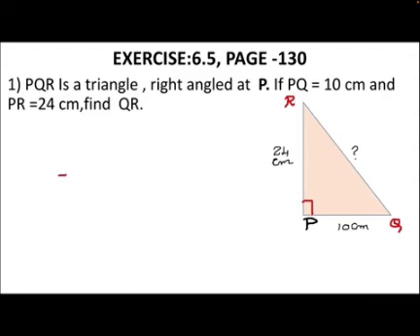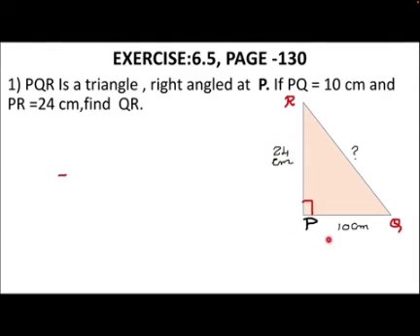Very simple, children. How do we find that? Just now we have learned Pythagoras property. All we have to do is find the square of the legs. How do we find? Find the square of 24.